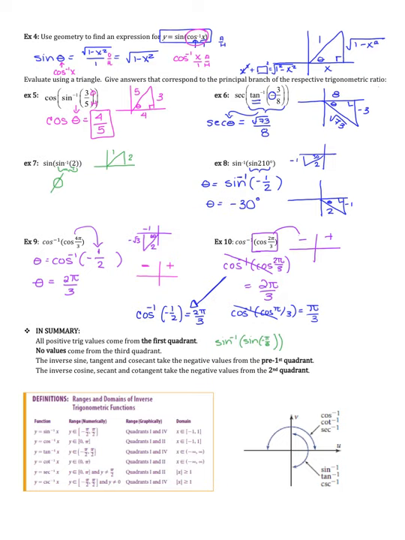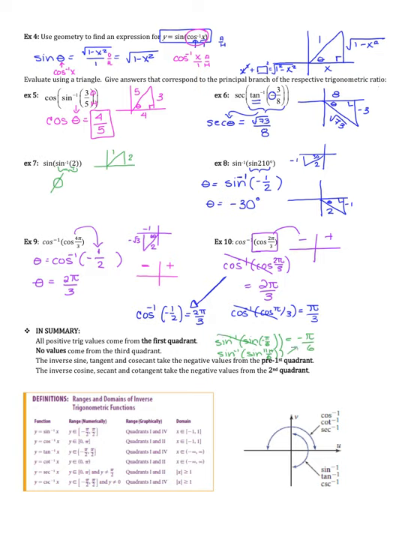There we go. Since negative pi over 6 is in the principal, the pre-first quadrant where we pull sine from, these two would cancel and your answer would just be negative pi over 6. As opposed to, let's go back to what I did try and just do. If I did sine 11 pi over 6, which actually is coterminal, your answer would be the same. It would be negative pi over 6.